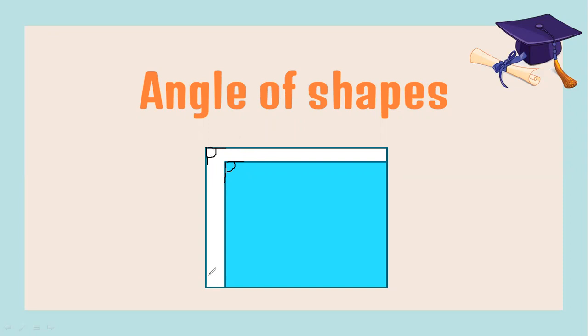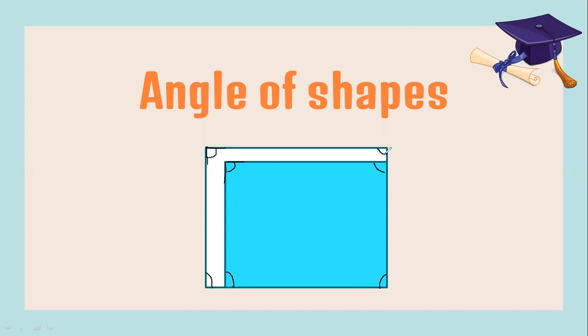Where are the others? This one we also call an angle. This is also an angle. This is also an angle. And this is also an angle. And this one also is an angle. So there are a lot of angles here. Is it only like this?